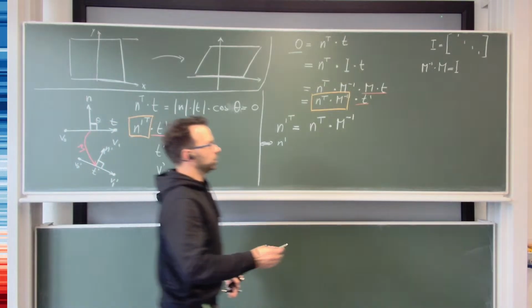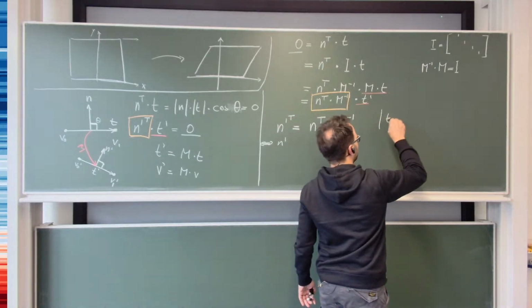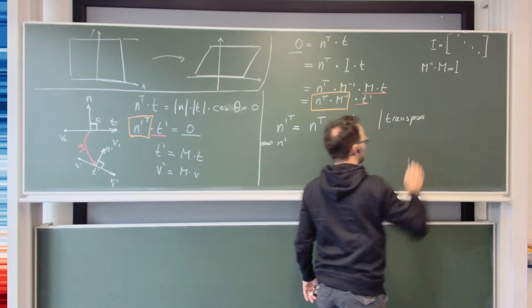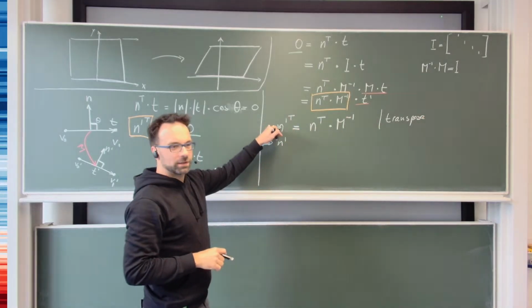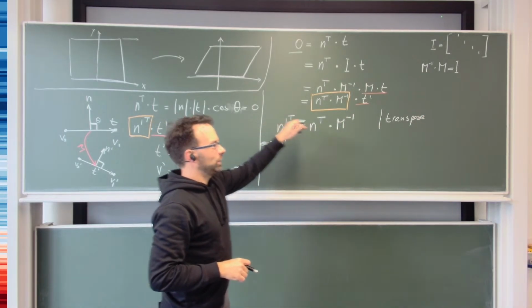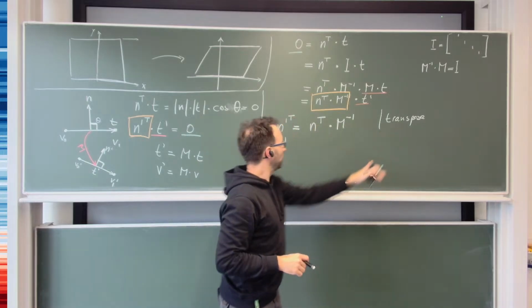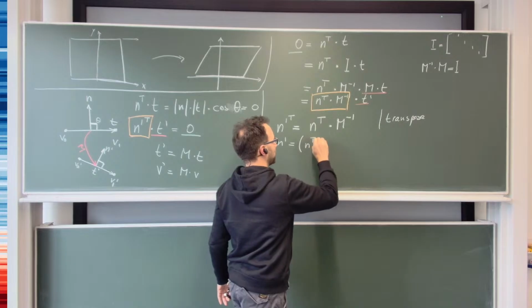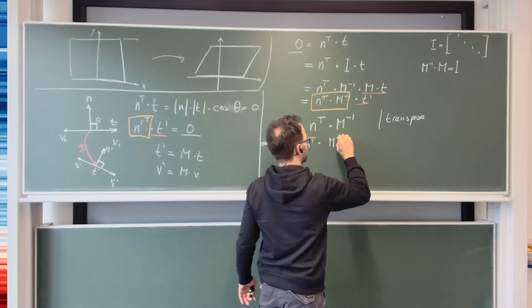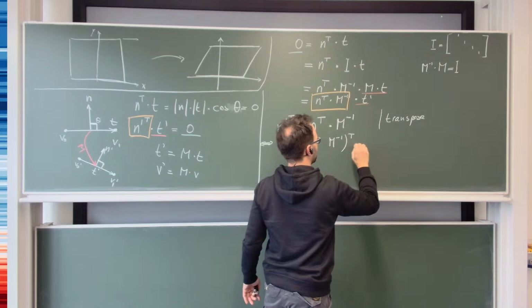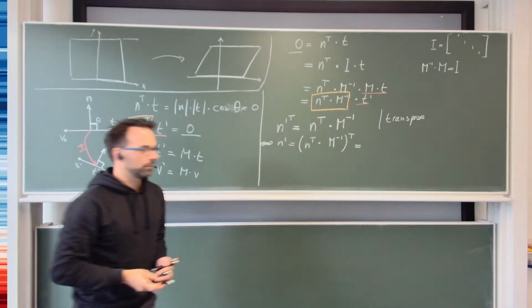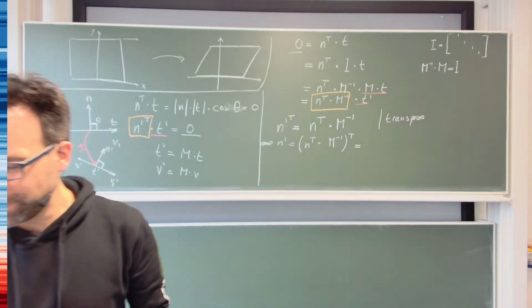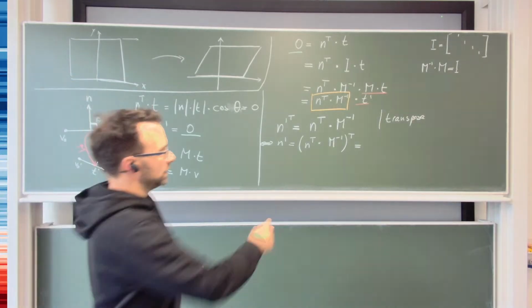Well, transpose both sides. You can rearrange this equation with a transpose operation. If you transpose both sides, they are still equivalent. And then how do you transpose the product of 2 matrices? It doesn't matter that this is a row vector.